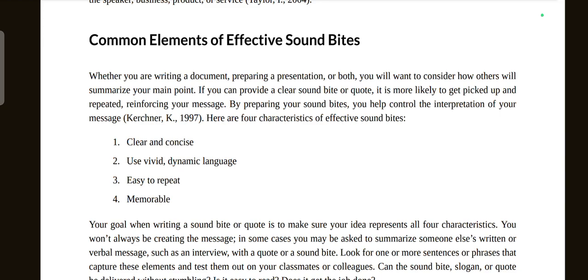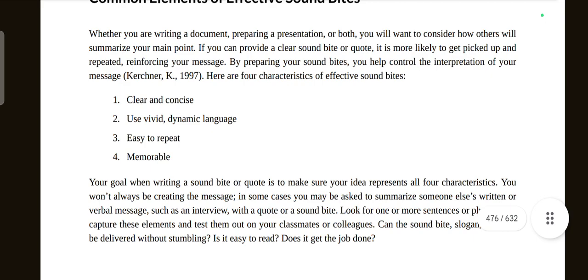And third one is easy to repeat. So yung pag mababasa ng mga readers mo, mauulit nila nang hindi sila nahihirapan. And lastly, it should be memorable.